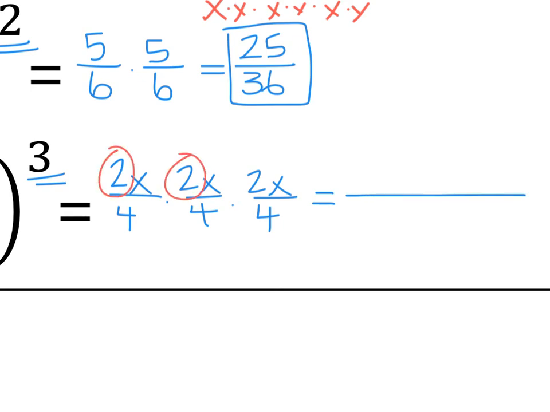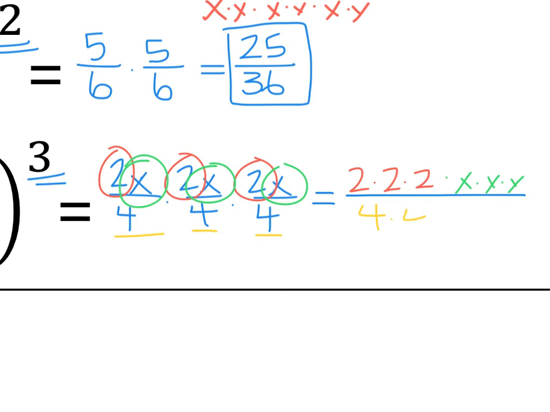So I have like bases. It's 2 times 2 times 2. And then my like base here is x, so that's x times x times x. And down here, we have 4 times 4 times 4. 2 times 2 times 2.